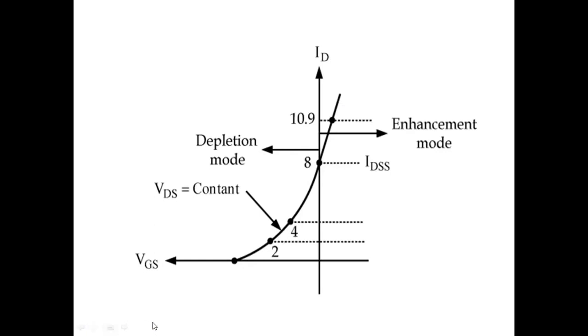Now, you see from these characteristics in the depletion mode, as the negative VGS goes from, let us suppose, -4, -3, -2, -1, and 0, as the negative voltage decreases, towards the origin, the ID value increases, and when VGS is equal to 0, the current ID goes to its saturation level, IDSS. As VGS is positive, this MOSFET operates in the enhancement mode.